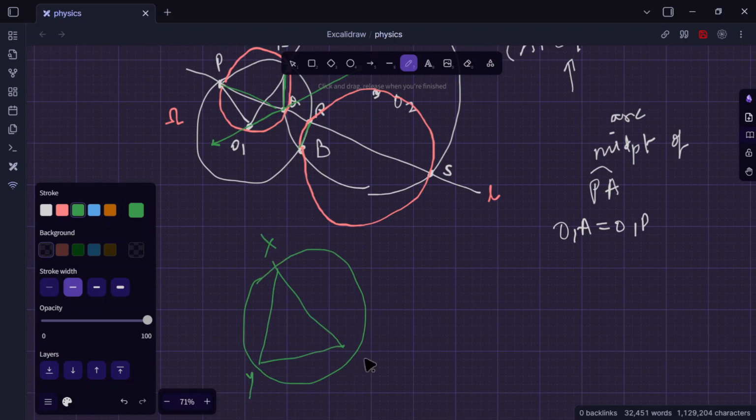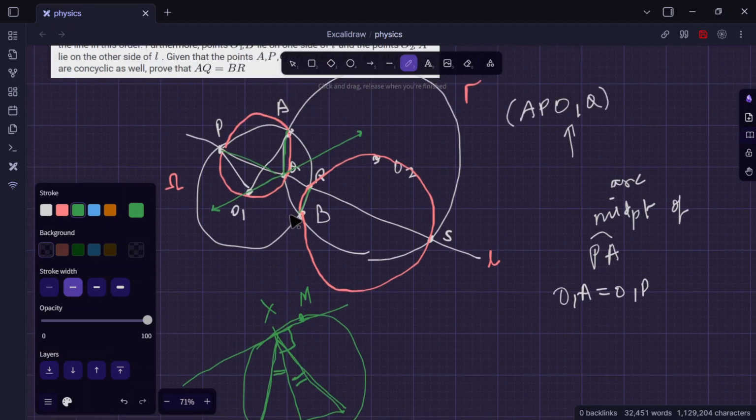We have the arc midpoint M, and if this is N, this is the other arc midpoint. We know that XN is the internal angle bisector of angle YXZ, and XM, which is perpendicular to XN, must be the external angle bisector of angle YXZ. These two are perpendicular and XM is the external angle bisector.